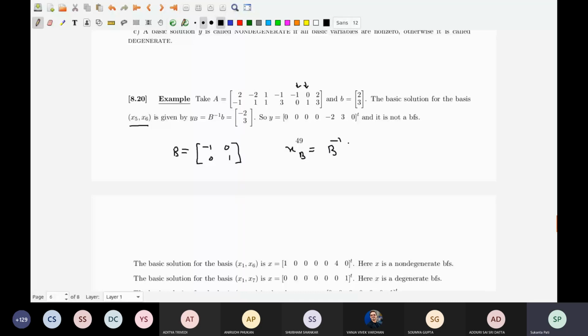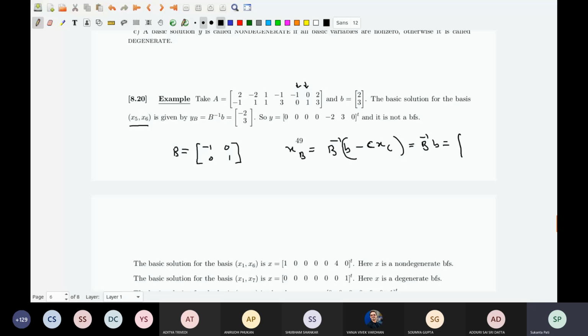It turns out that this thing is B inverse b minus B inverse C xc, but whatever the C matrix is doesn't matter, because the xc vector is 0. So it is actually B inverse b. If I take the inverse of this, B inverse b will turn out to be minus 2, 3.